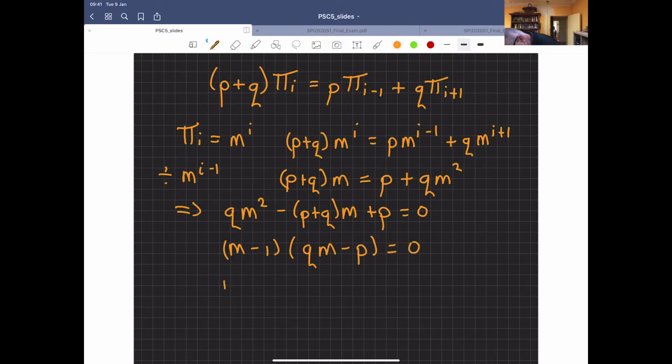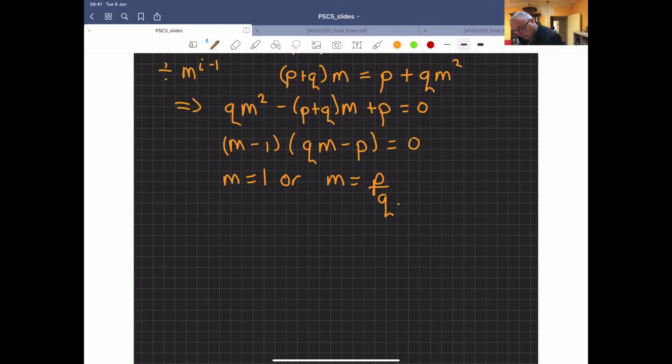So we've got two solutions, either m equals 1 or m equals P over Q. The general form is going to be a linear combination of these two. So pi I equals some constant A times (P over Q) to the I plus B times our other solution, 1 to the I, or just plus B.